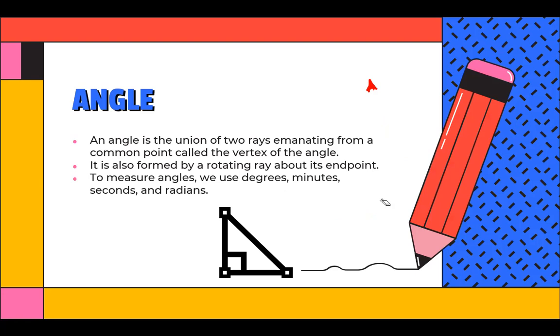And lastly, to measure our angles, we use angle measurements such as degrees, minutes, seconds, and radians. The most common ways to measure angles are degree measures and radian measures. Later, I will show you the counterparts of the degree measures in radian measures. But first, let us proceed.